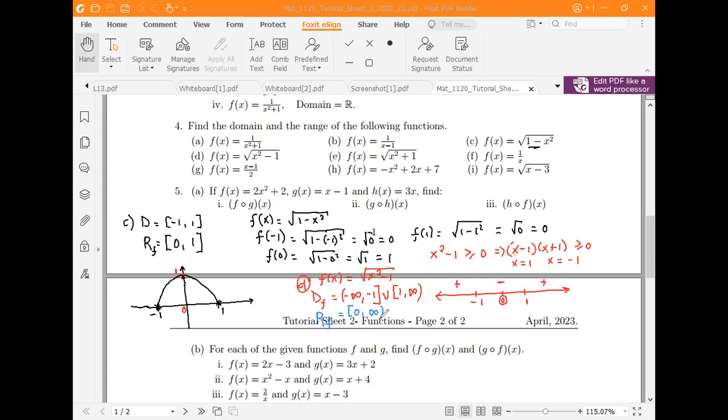It will be from 0 all the way up to infinity. Then it means you've gotten the range of the function like that. Any questions?